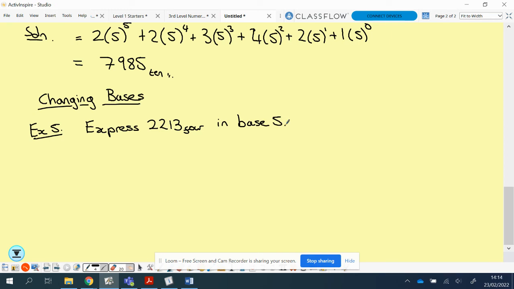Okay. So how we do a question like this is we change it into base 10 first, and then we put it back into base 5. There's not a unique way to go from base 4 to base 5 in one step.